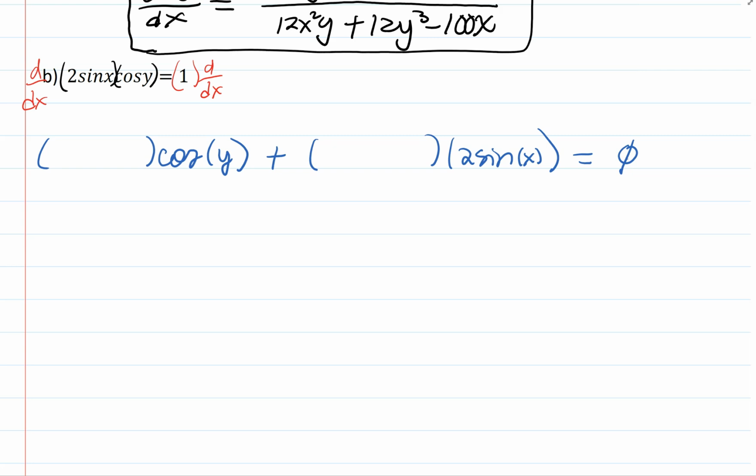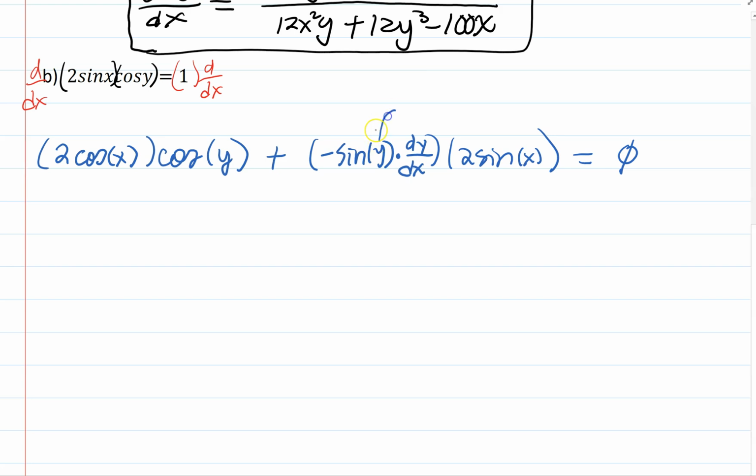Okay, so here the derivative of 2 sine x would be 2 cosine of x. And then the derivative of cosine of y is negative sine of y multiplied by dy dx, because we are taking the derivative of cosine of y with respect to x.